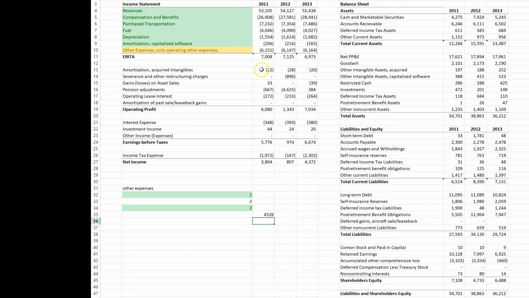One of them we would highlight as operating, one of them we would highlight as non-operating. Again, you would just find that table somewhere in the footnotes in the financial statements. They're going to break that down. Okay. And then we just keep going.